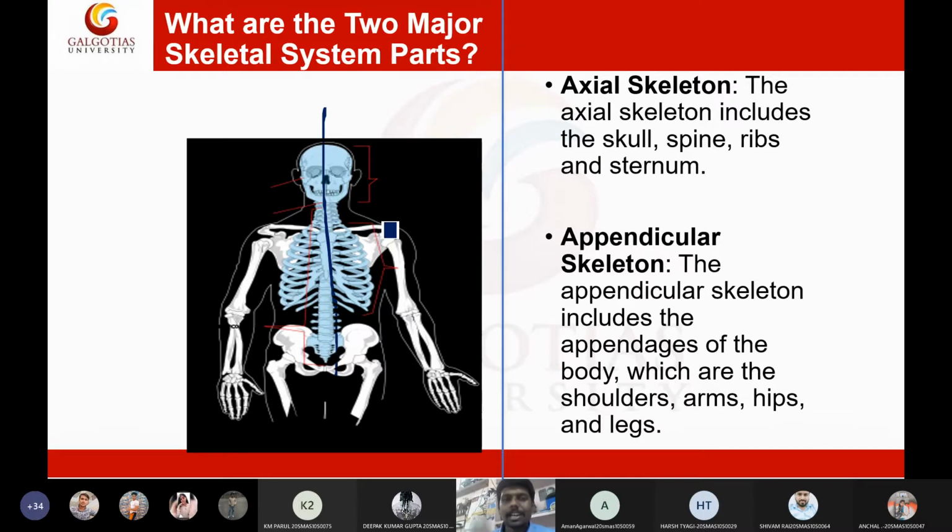So the appendicular skeletal system consists of limbs and hip bone, whereas the axial skeletal system is composed of skull, spinal cord, and rib cage. Okay.